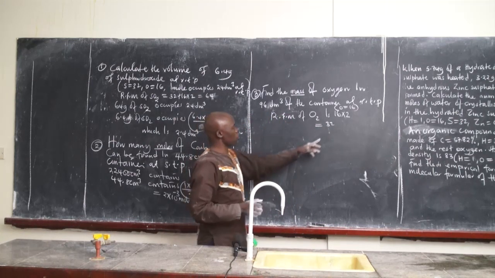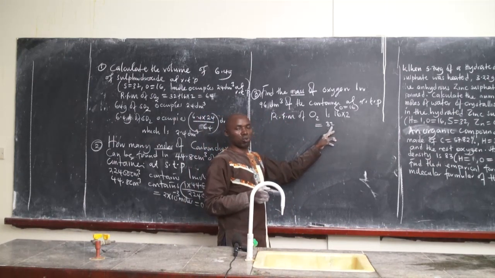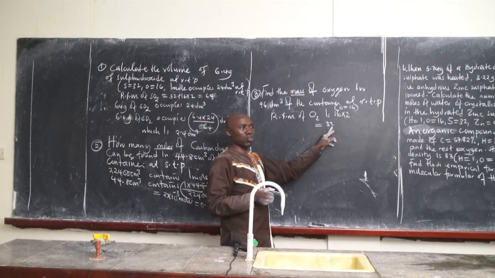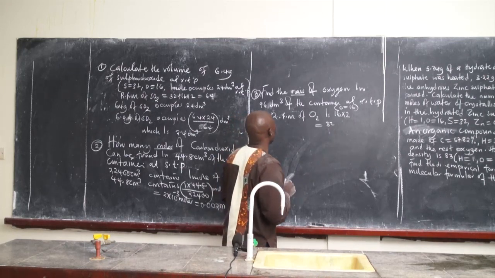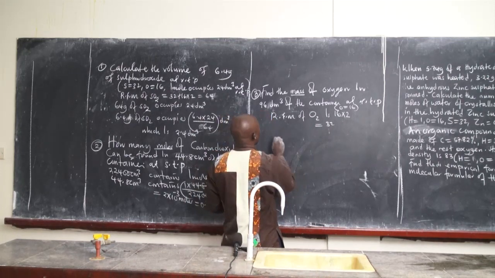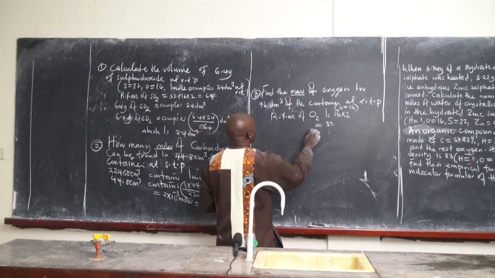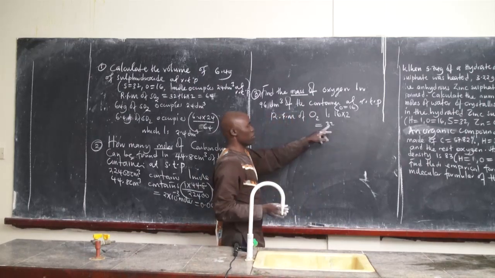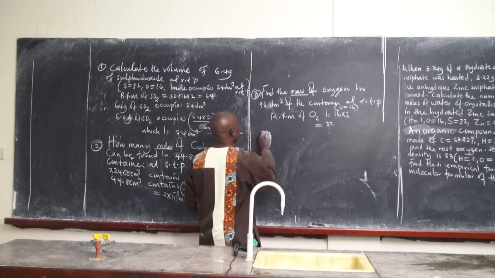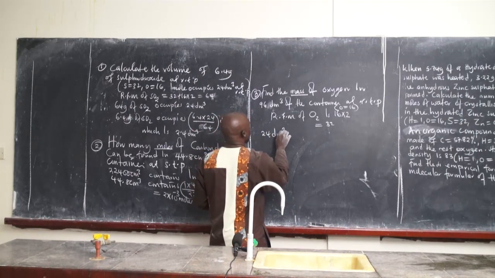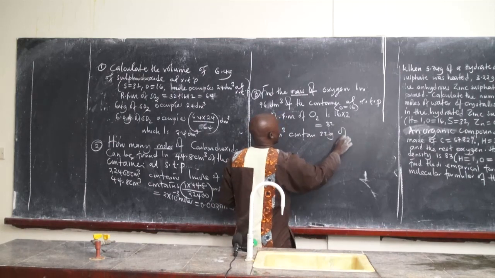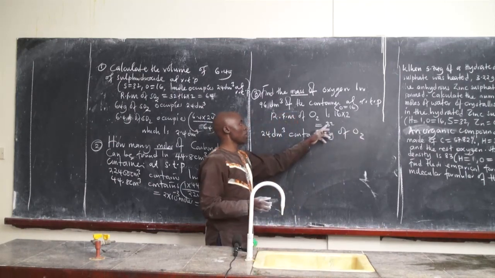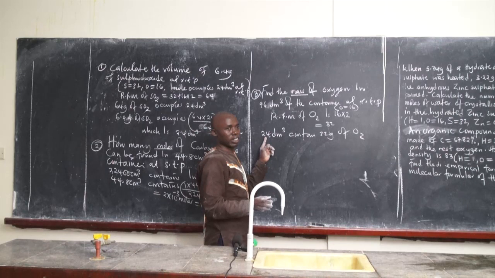This 32 has 1 mole, and since it's for 1 mole, it would occupy the volume at RTP, which is 24. Since I need mass, I can't start with mass. So we start with 24 decimeters cubed contains 32 grams of oxygen. This is for 1 mole, this is for 1 mole, so they are related.